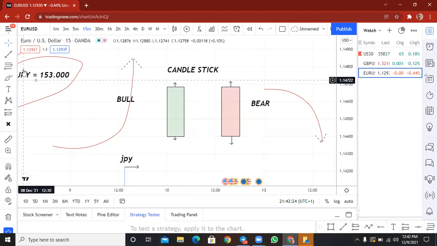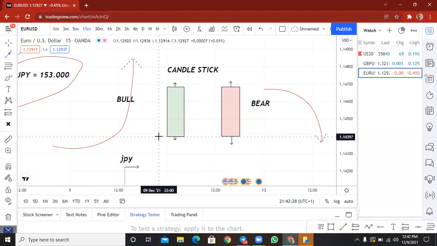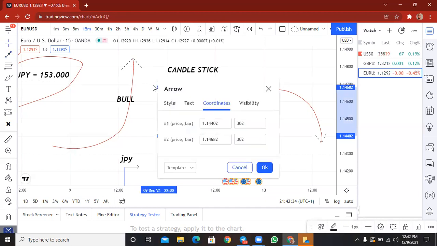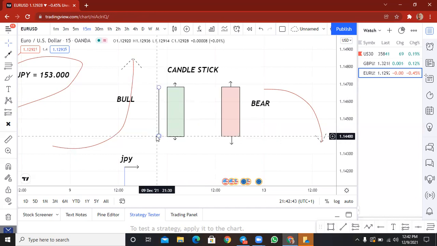So if we agree that the bull candles move upward, having a direction to the upside, that is called bull. What does it mean? It means for it to have a direction to the upside, the arrow has to start from the bottom and point towards up, right?